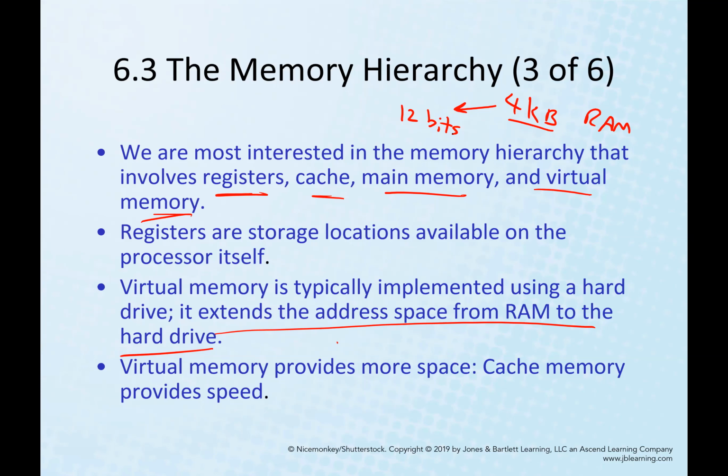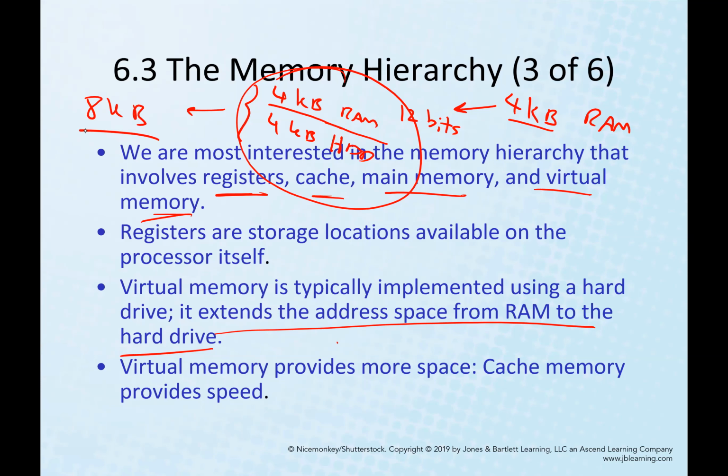By using virtual memory, you see now, 4 KB in the RAM and 4 KB in the hard drive, and we treat both of them as RAM memory. So we assume that our RAM is 8 KB instead of 4 KB. How can we do that?